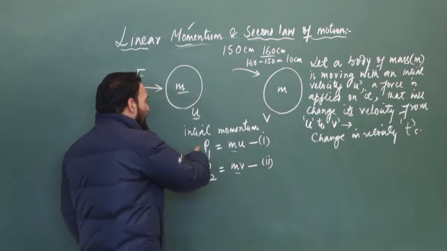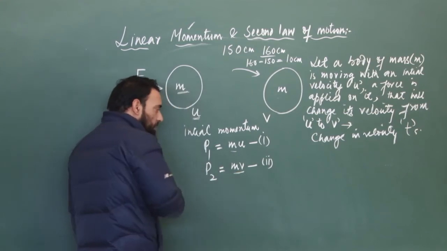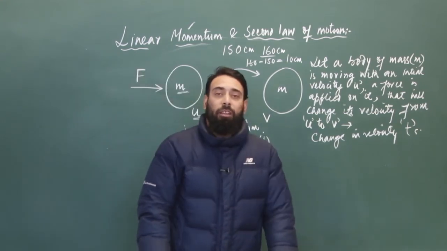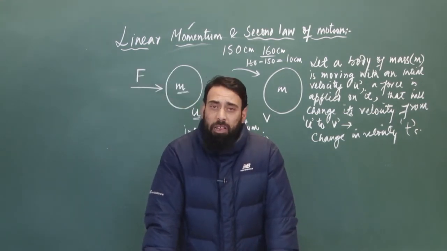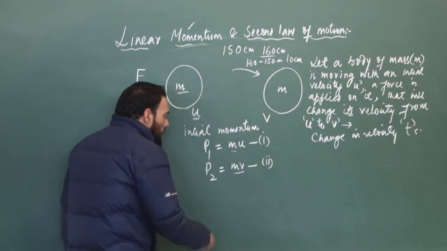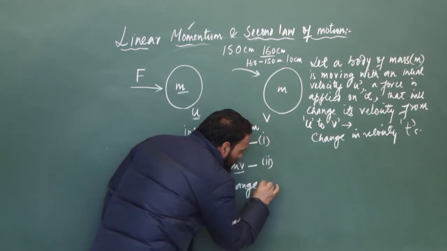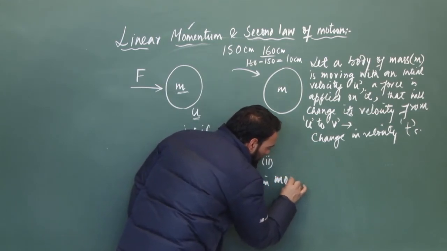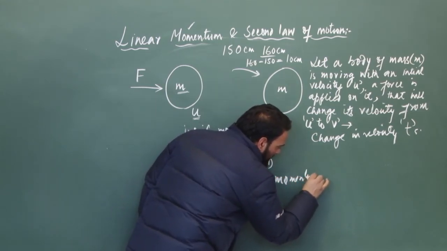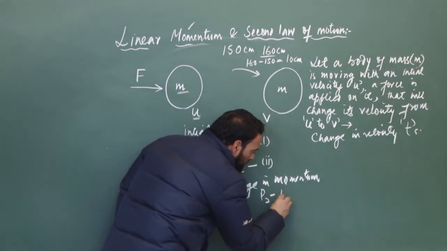Similarly, when we find out the change in the momentum here, we subtract the initial momentum from the final momentum. We say that the change in momentum is equal to P2 minus P1.